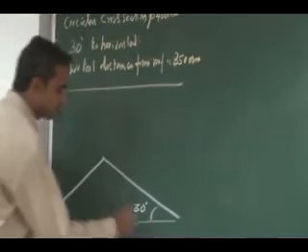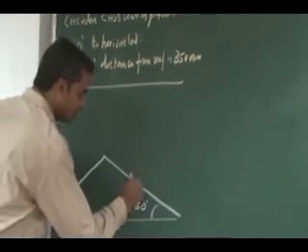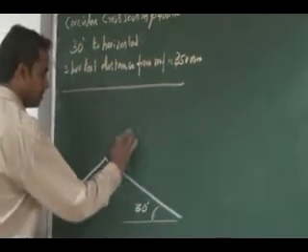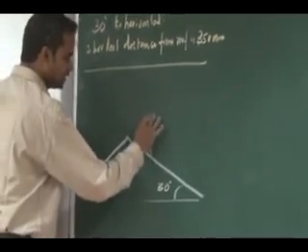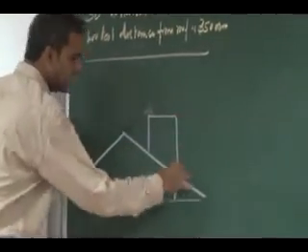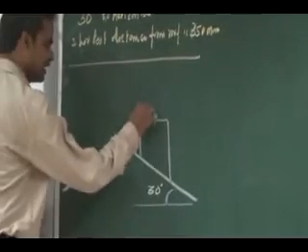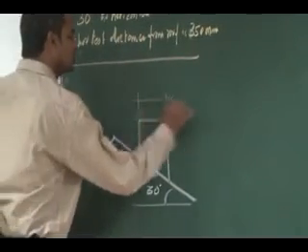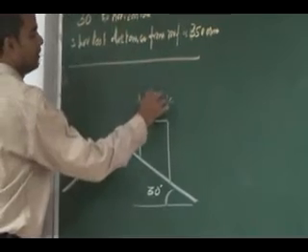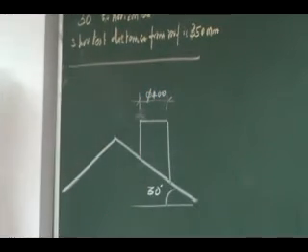Over this slope I have a chimney. That chimney has a circular cross section. It is a cylinder-like thing, with a circular cross section. This has a diameter of 400.